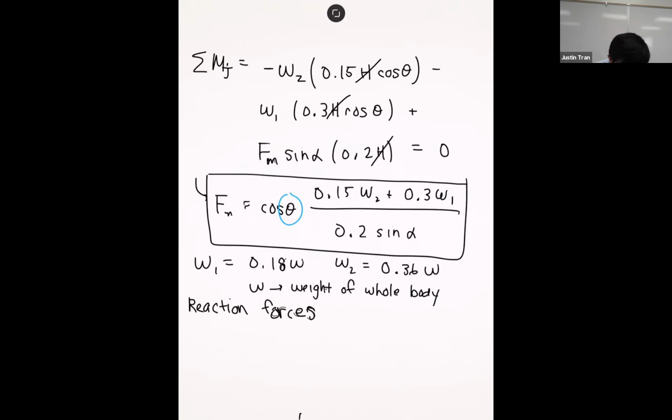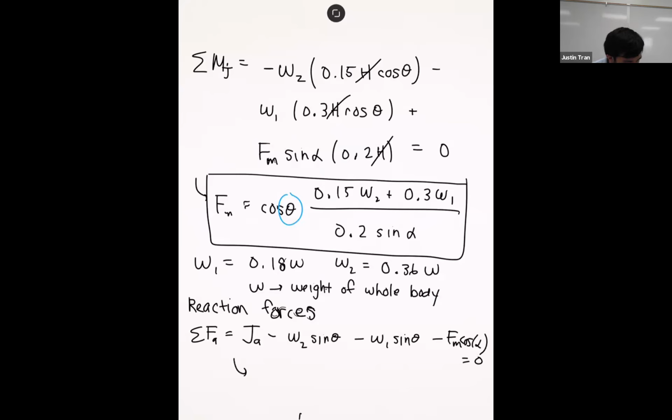If we sum up all the forces in the A direction, A here standing for axial, what we get is JA minus W2 sine theta minus W1 sine theta minus Fm cosine alpha, and this is equal to 0.